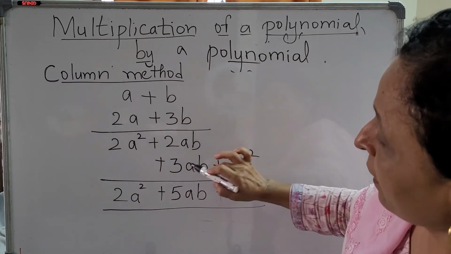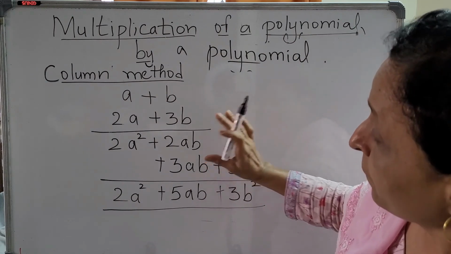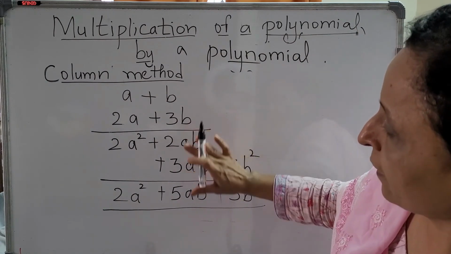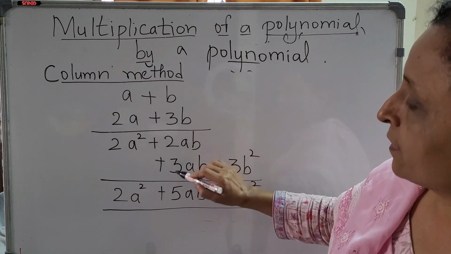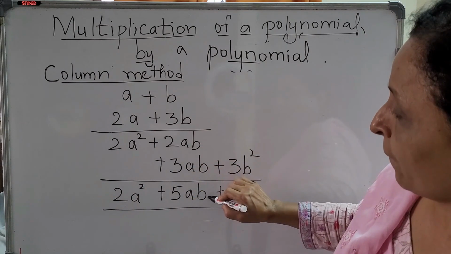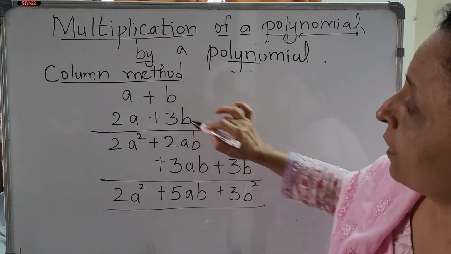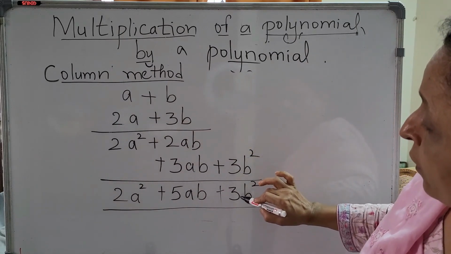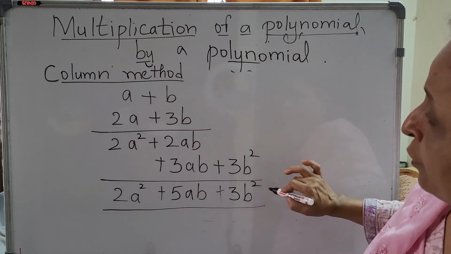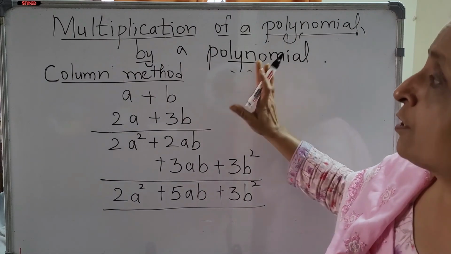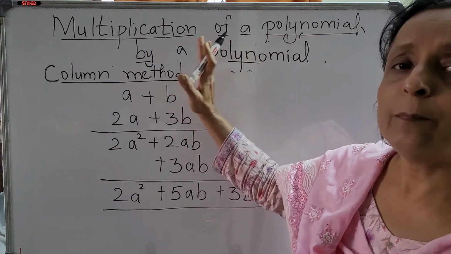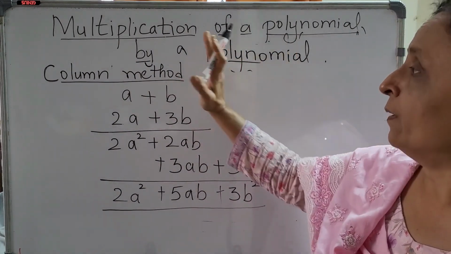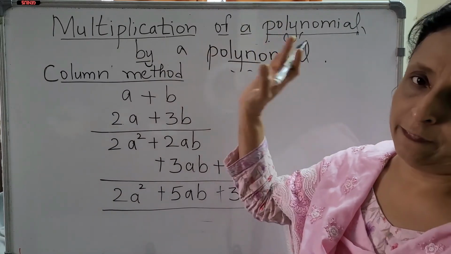Now ab, they have the same terms ab, so they can be added. 2 plus 3 is 5ab. Now plus plus, here it is plus, so here you write 3b square. So this is how you can multiply a polynomial by column method.